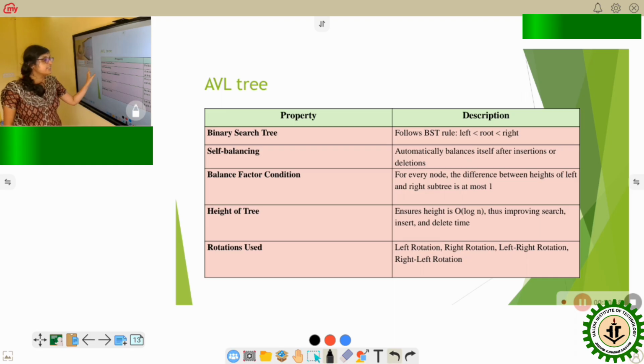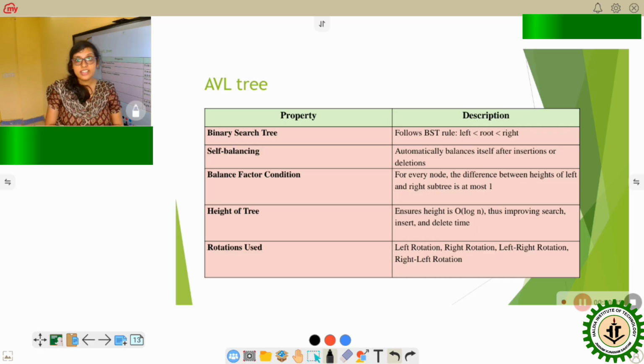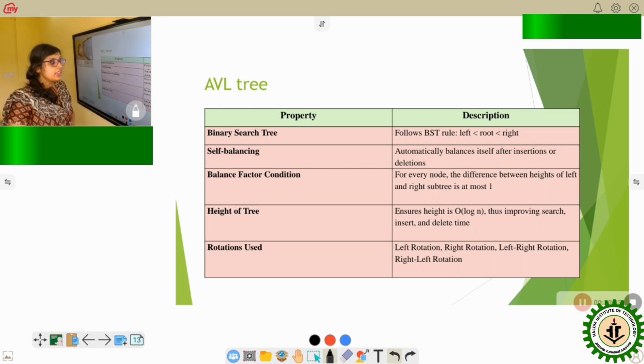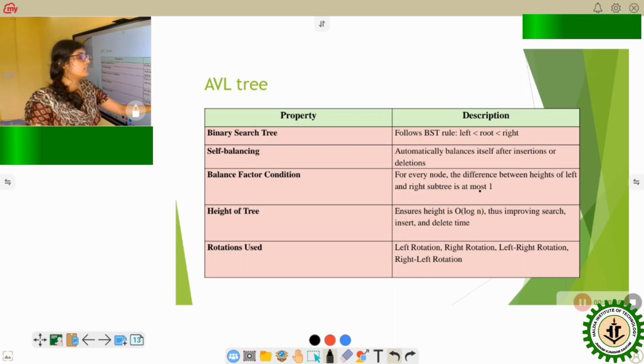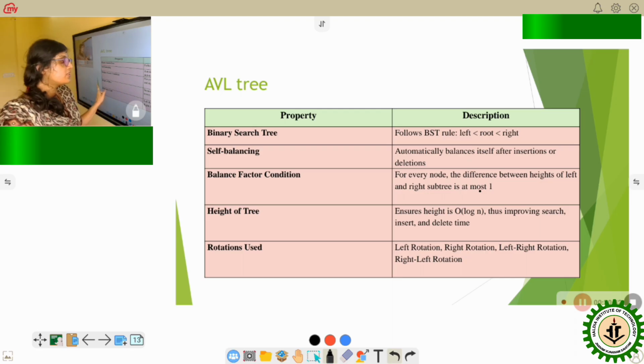AVL tree is self-balancing. It automatically balances itself after insertion or deletion operations. So it uses a factor known as balance factor. What is balance factor? Balance factor is the difference between the height of left subtree and right subtree. In case of AVL tree, the difference is at most 1. Hence, the problem of skewness which was present in case of binary search tree can be solved using this AVL tree.